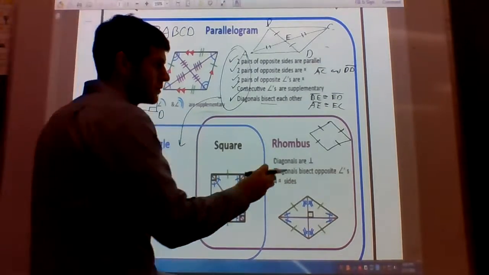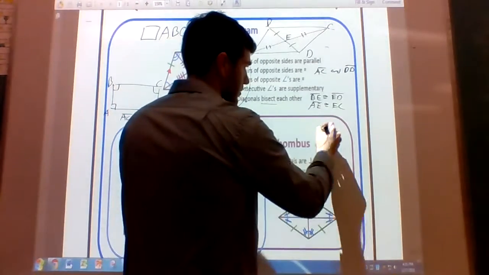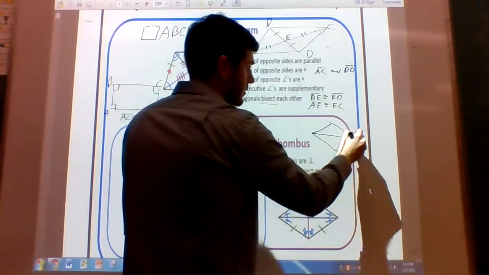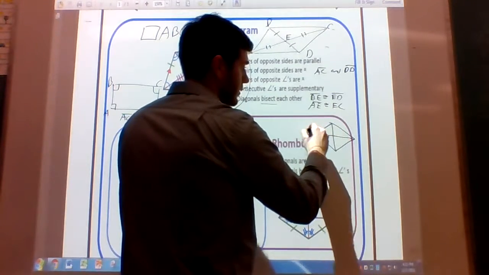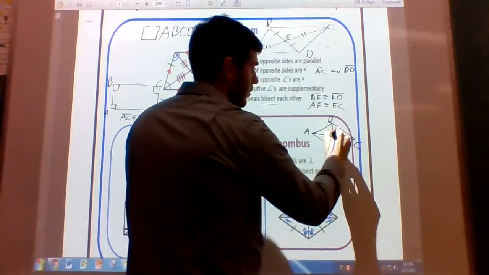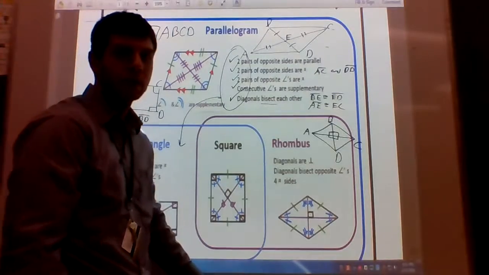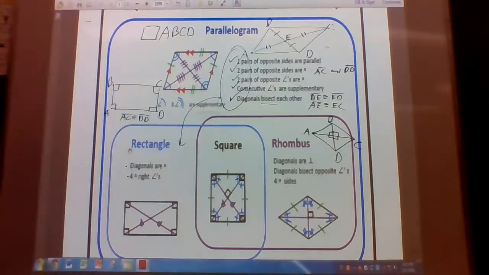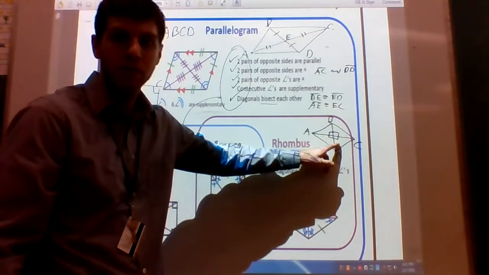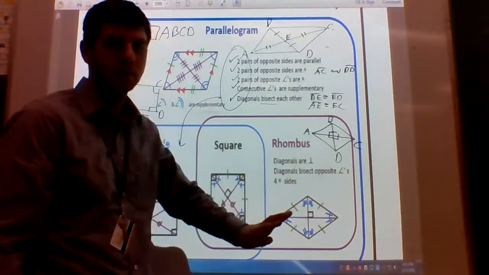It has diagonals that are perpendicular. So if these are our diagonals, so this is ABCD, we're going to form 4 right angles, right? That box around there is really 4 right angle symbols. We're forming 4 right angles here, here, here, and here. 4 right angles.